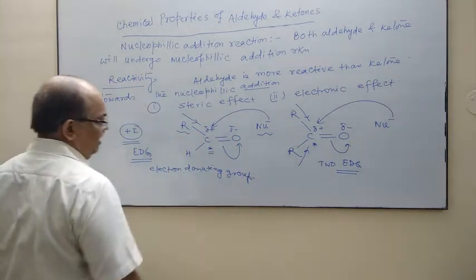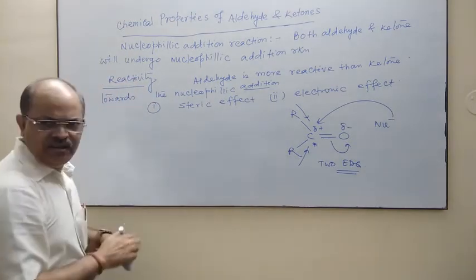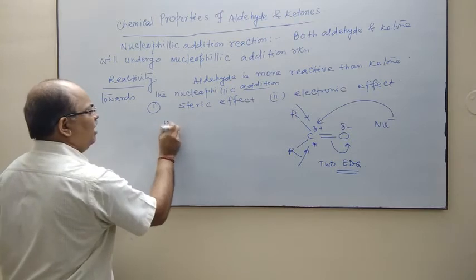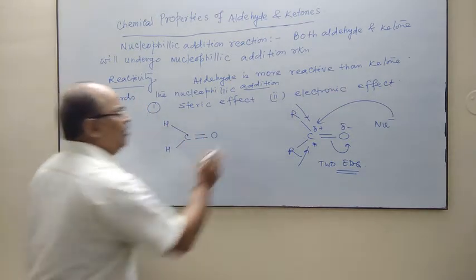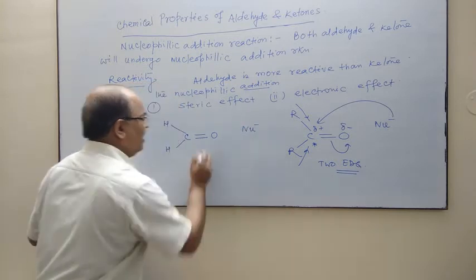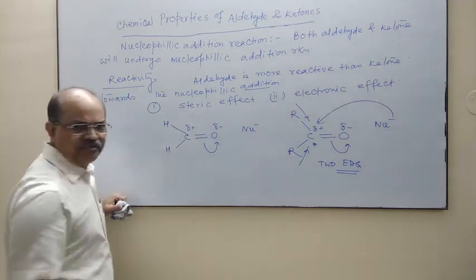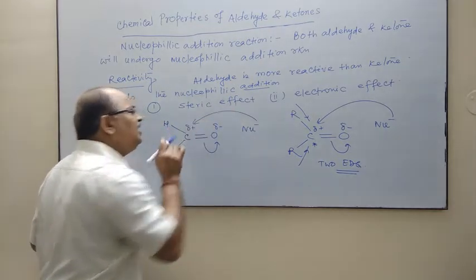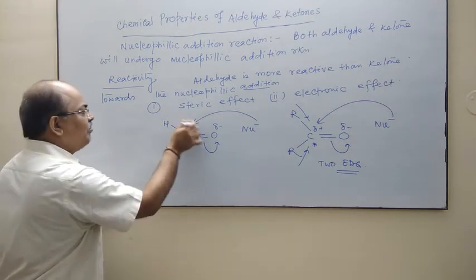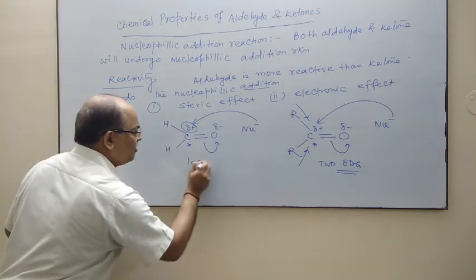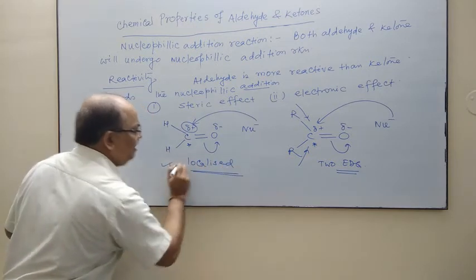to your aldehyde. In aldehyde, if we particularly consider formaldehyde, now when the nucleophile attacks, again there will be a shift like this, delta minus, delta plus. Now this nucleophile will easily attack this carbon. Why? Because the positive charge is totally localized.